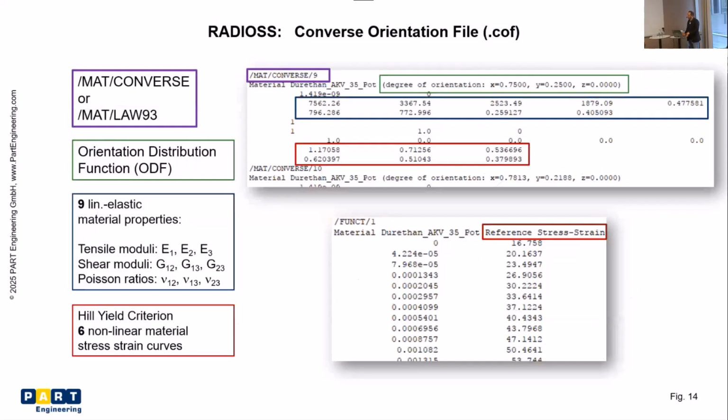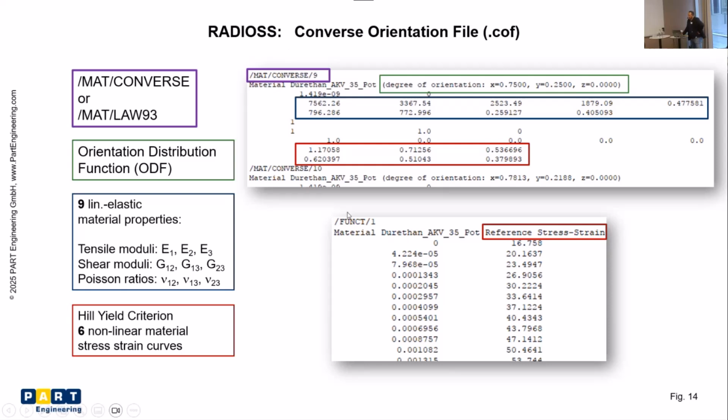This is what it would look like if you consider this in Radioss. As Marian already said, we are very happy that they implemented this certain material model that was needed to consider the fiber orientation and to consider the anisotropy. Luckily, they even named it after our software, so it's Mat Converse. I think it's also Mat Law something, so it's also possible, but this is easier to catch.